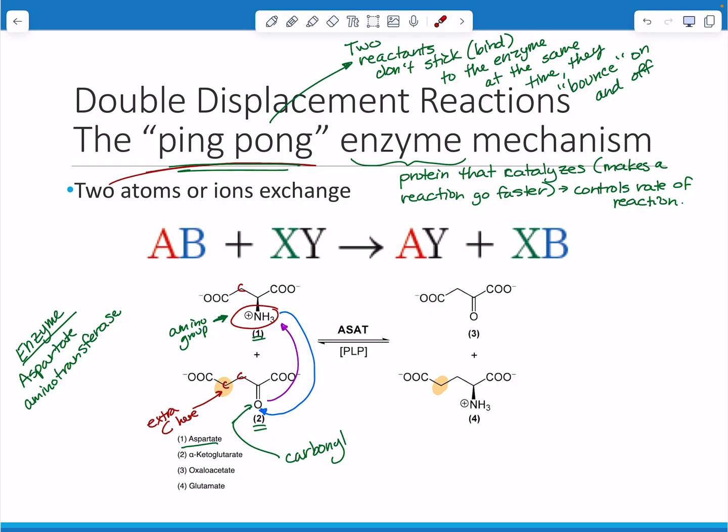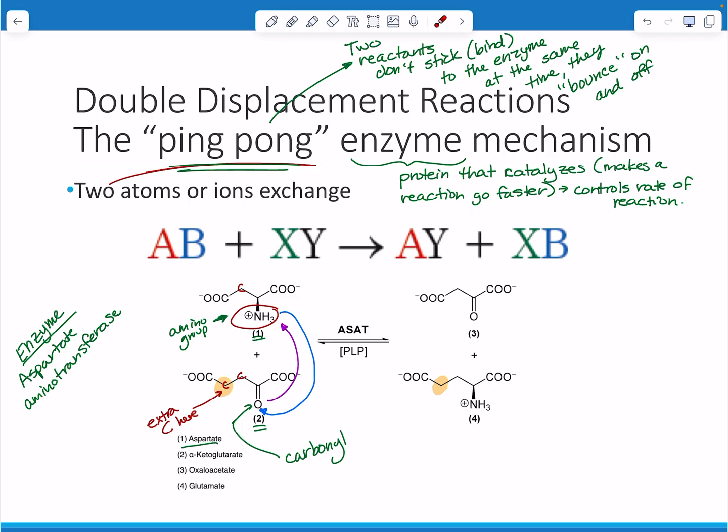These are normal products of metabolism. If you have a blood panel and you're looking for liver function, the enzyme, the protein that helps this reaction happen, is one of the things that we test for when we do a blood panel and we're looking at liver enzyme function.